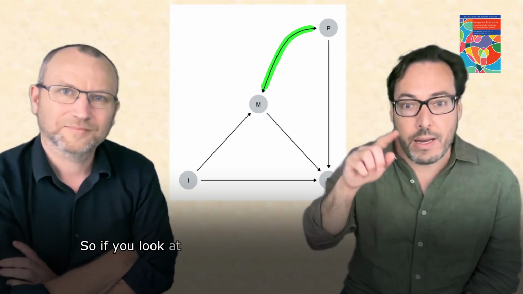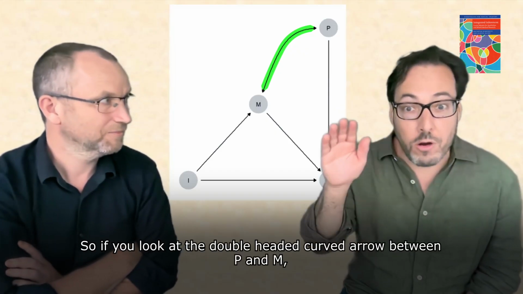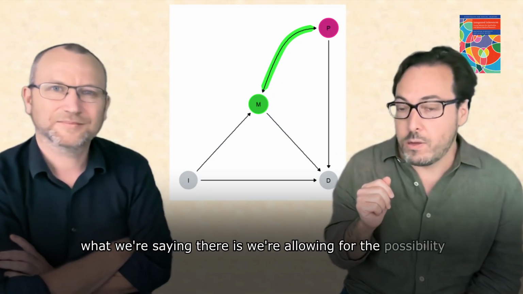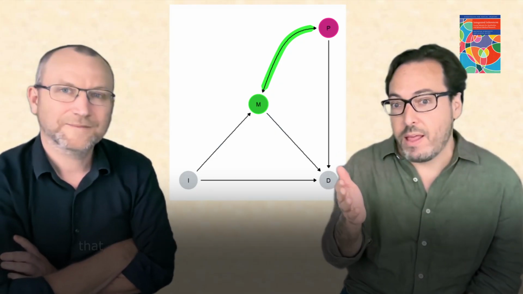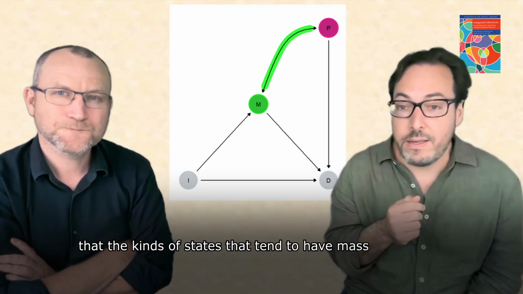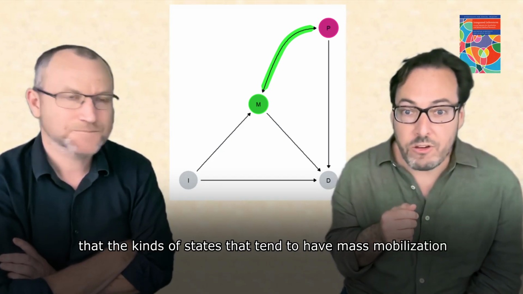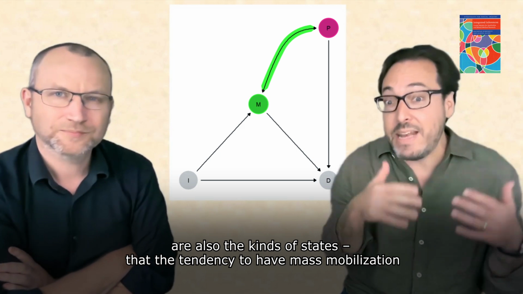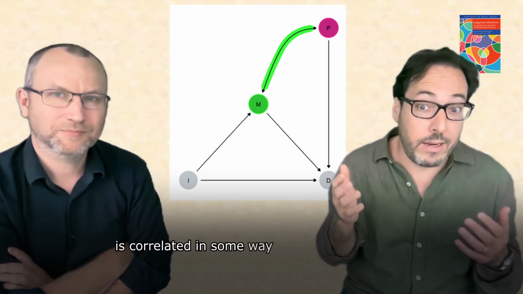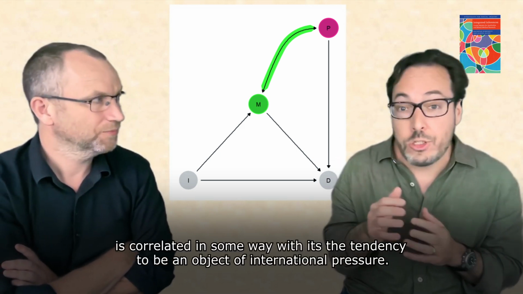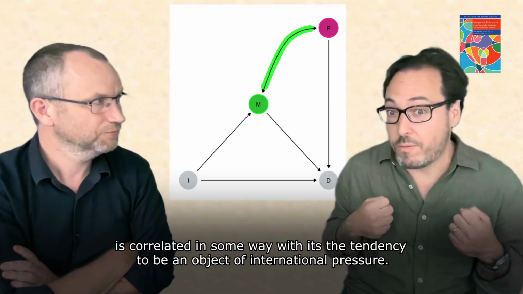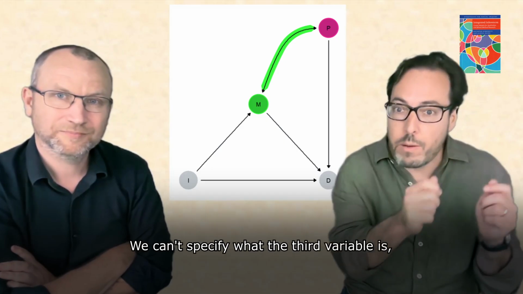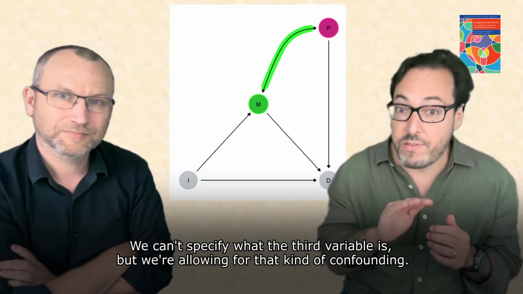So if you look at the double-headed curved arrow between P and M, what we're saying there is we're allowing for the possibility that a state's tendency to have mass mobilization is correlated in some way with its tendency to be an object of international pressure. Right? We don't know why, right? We can't specify what the third variable is, but we're allowing for that kind of confounding.